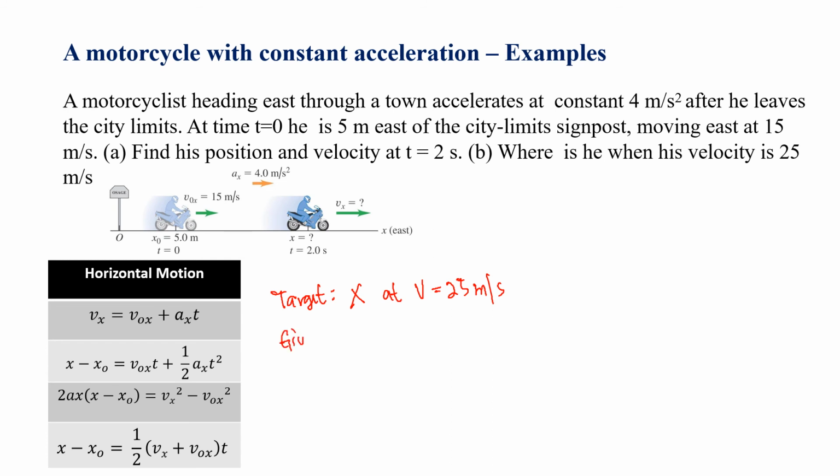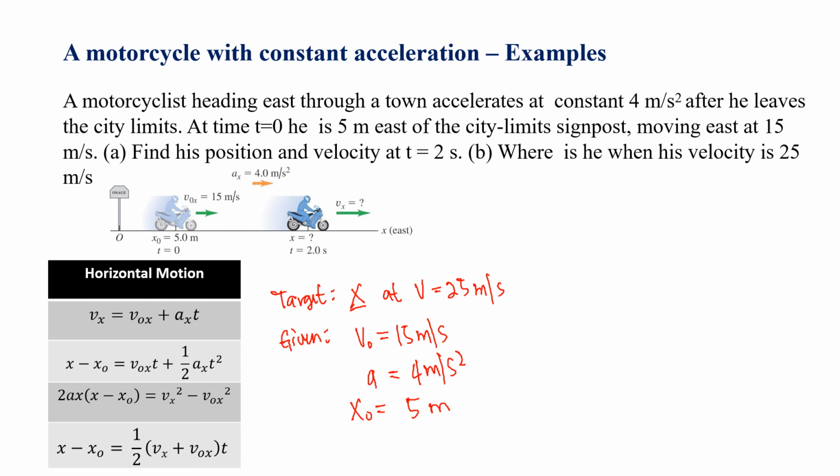Again, we have your initial velocity, v naught, which is equal to 15 meters per second. We also have the acceleration of 4 meters per second squared. And your x naught is equal to 5 meters. Our target is your x at velocity equals 25 meters per second.